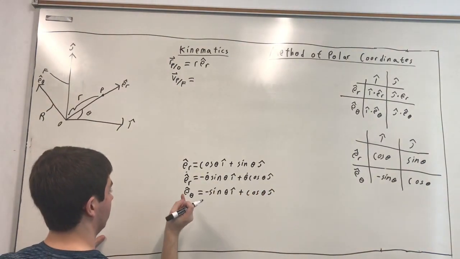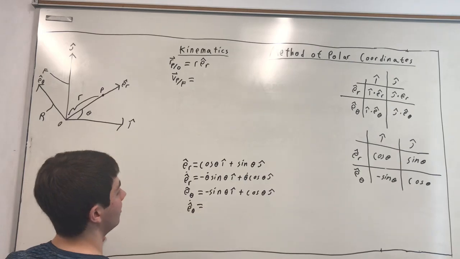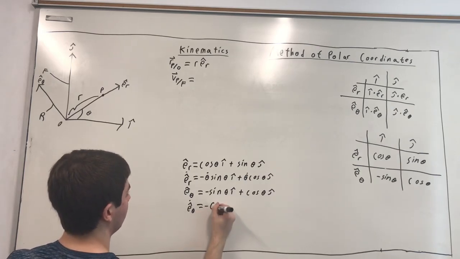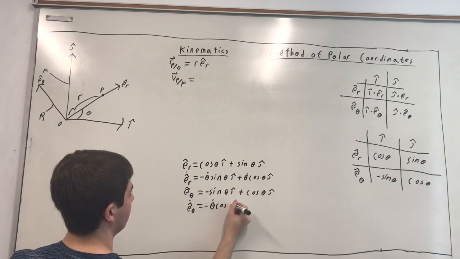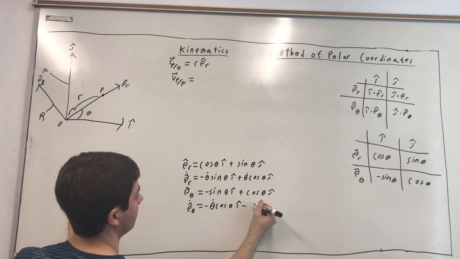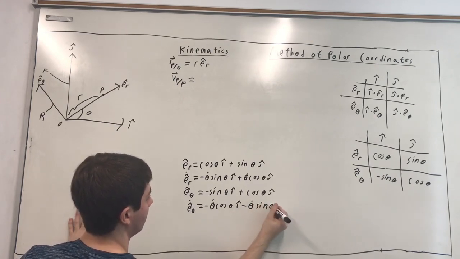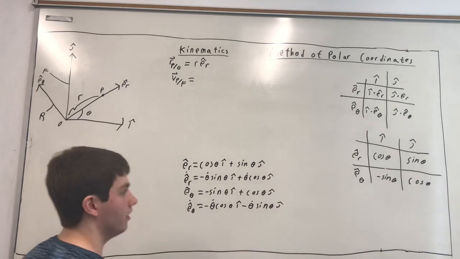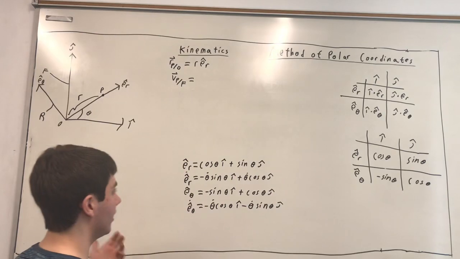And you take the derivative of e hat theta, and you get that e hat theta dot equals negative theta dot cosine theta I hat minus theta dot sine theta j hat. And you're like, things are starting to look familiar, I hope.